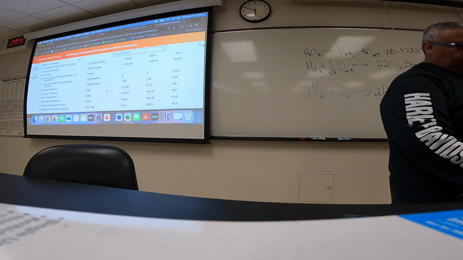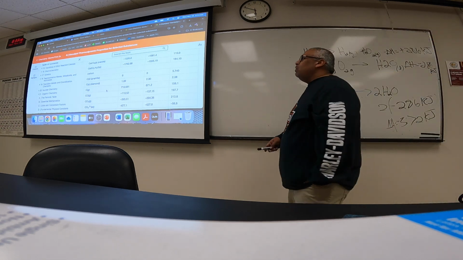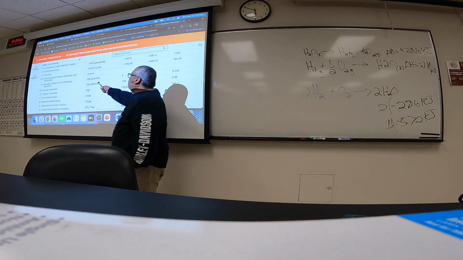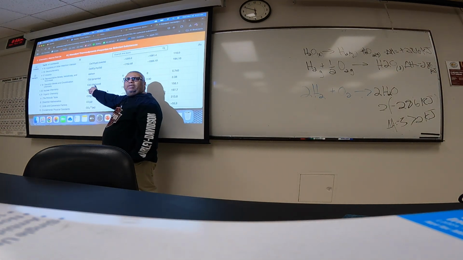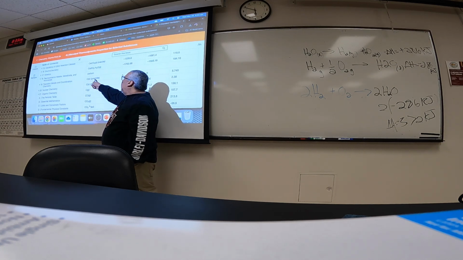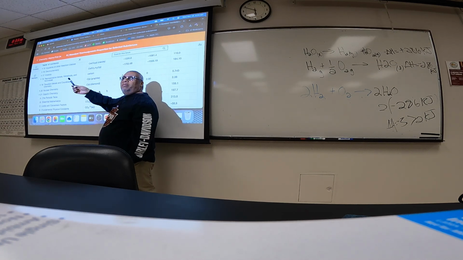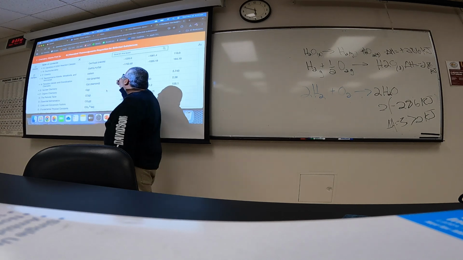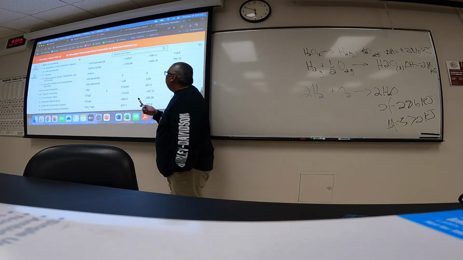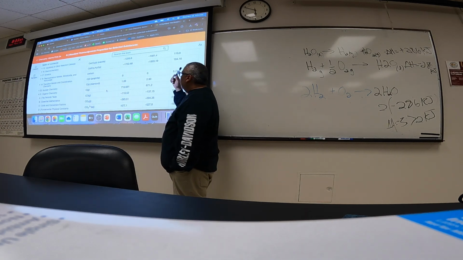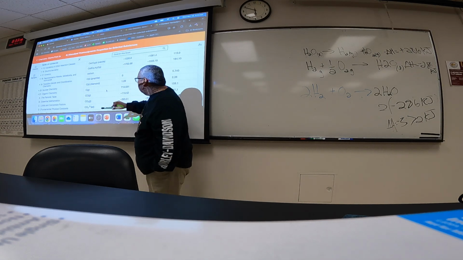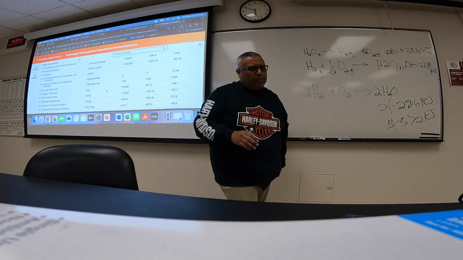Even with just carbon, carbon solid can be looked at as a diamond. Diamonds are just solid carbon molecules, but graphite is also carbon molecules. And we can see that there's a difference in enthalpy, in free energy, in entropy here. Do they give us any other ones here?